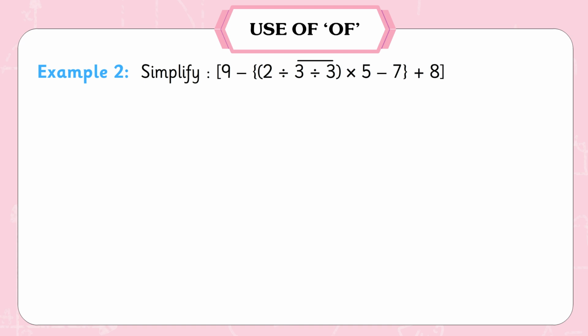Example 2. Simplify [9 − {(2 ÷ 3 with a vinculum over 3) × 5 − 7} + 8]. Solution.